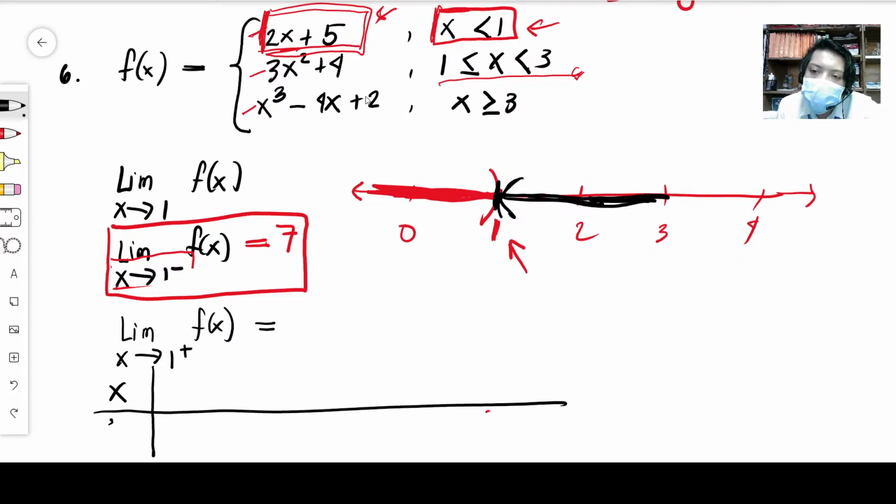When you look at the function here, x is greater than or equal to 1 but less than 3.